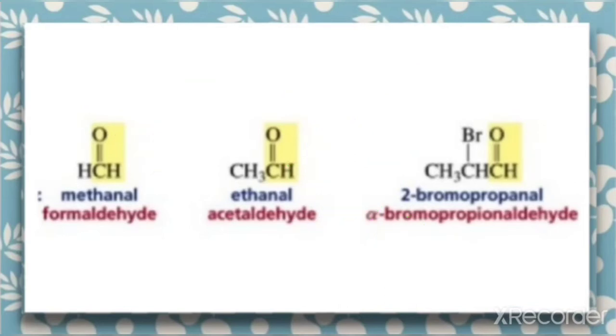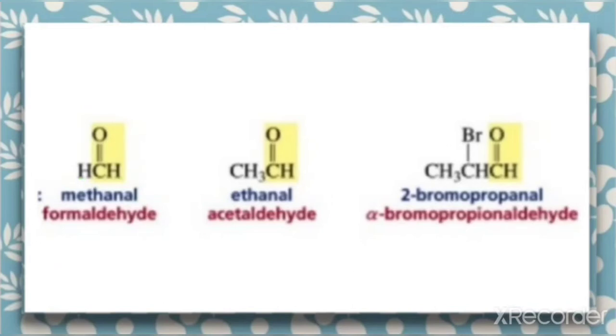Here only one carbon is there, therefore we use the word root meth, and al is the suffix for the functional group aldehyde. So the name will be methanal. Formaldehyde is a common name for this compound.